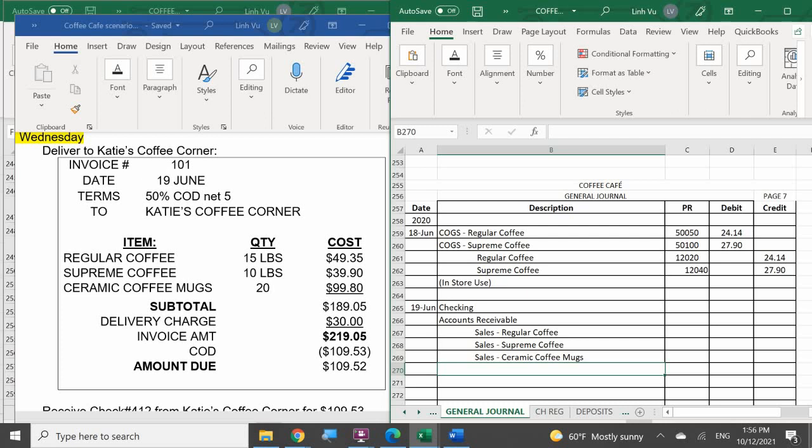And what about the delivery, the $30? Okay, delivery. What do we call that? Not freight, not COD. You have to look in your chart of accounts. In this case, this isn't an expense that I have to incur. This is me receiving money. This is us charging the customer extra money.